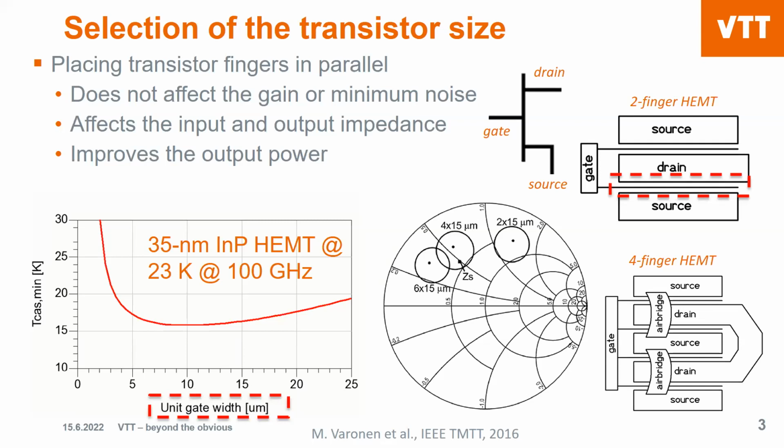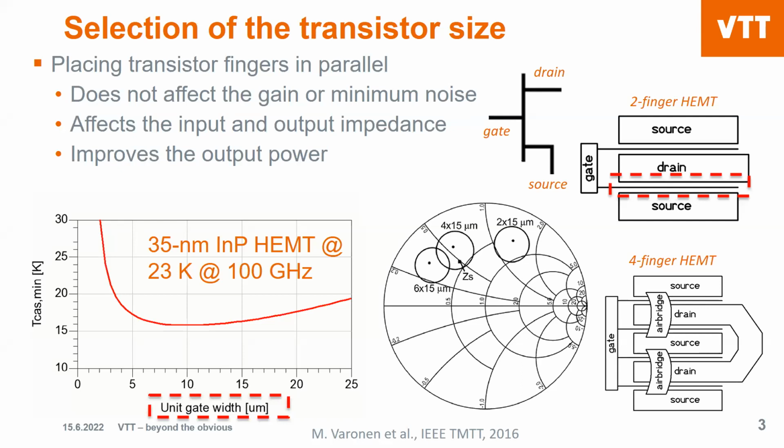So that one is now plotted. If we go back to the left hand side figure, I have plotted on the x-axis the width of this one finger, and the y-axis is the noise of the finger. I have calculated, we can go back to the equations, the cascaded minimum noise temperature. It means that in this calculation, we assume that we put an infinite number of these transistors in cascade so that we get infinite gain.